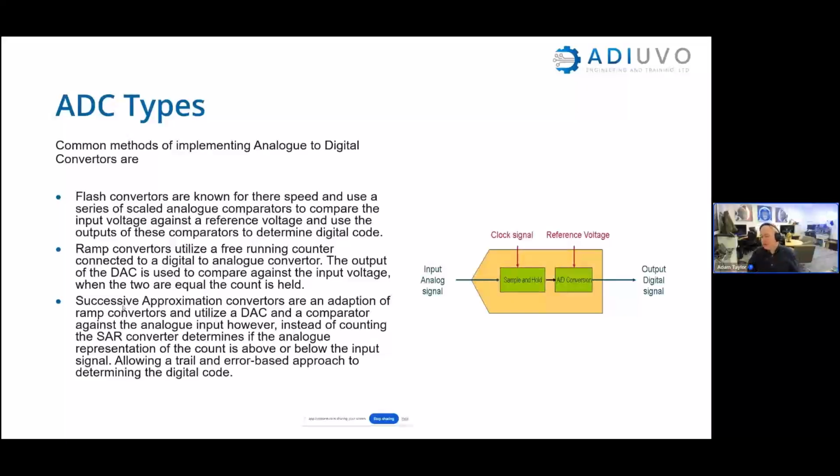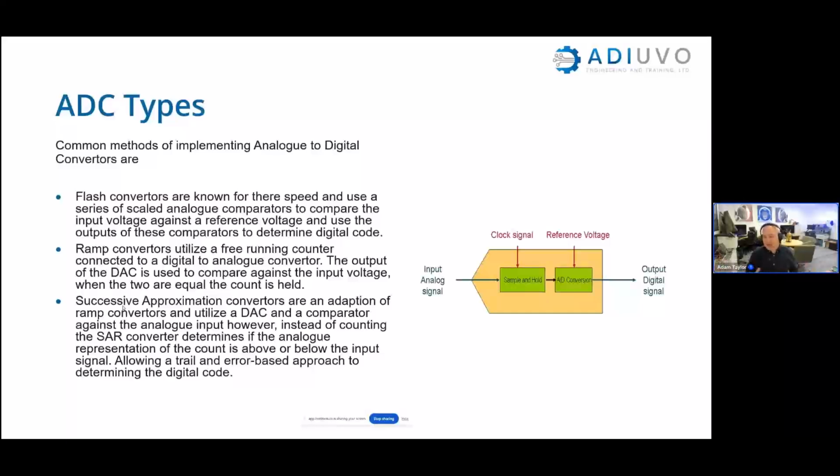It does this by using a sample and hold circuit that samples on the clock signal that we give it. Once we've got that clock signal and we've got that sampled value, it then does an A to D conversion. So it converts the analog value to a digital value represented by 8, 12, 14, 16 bits.